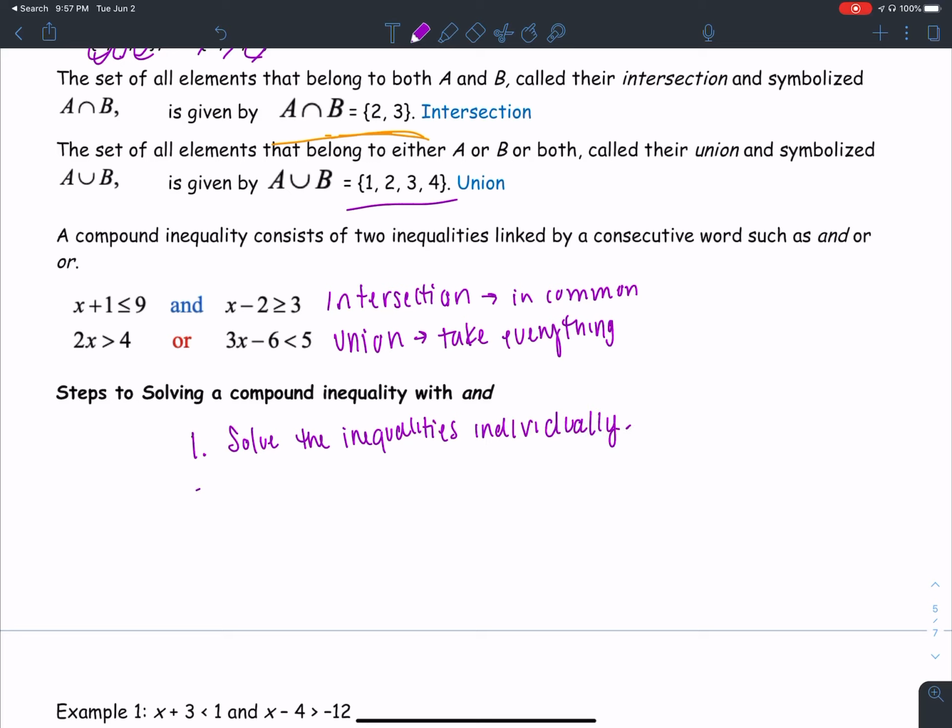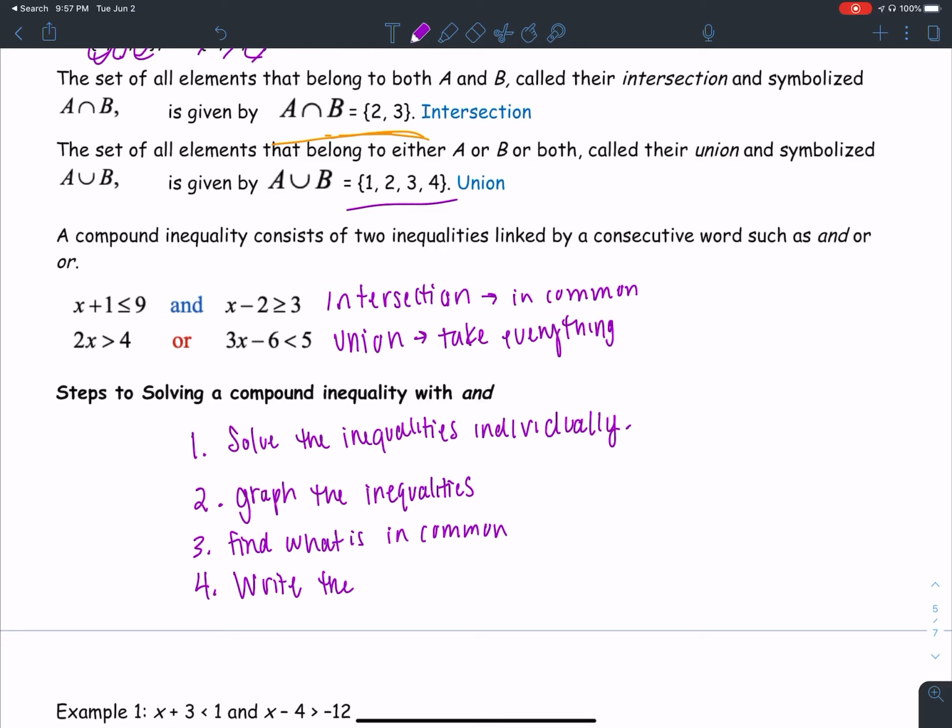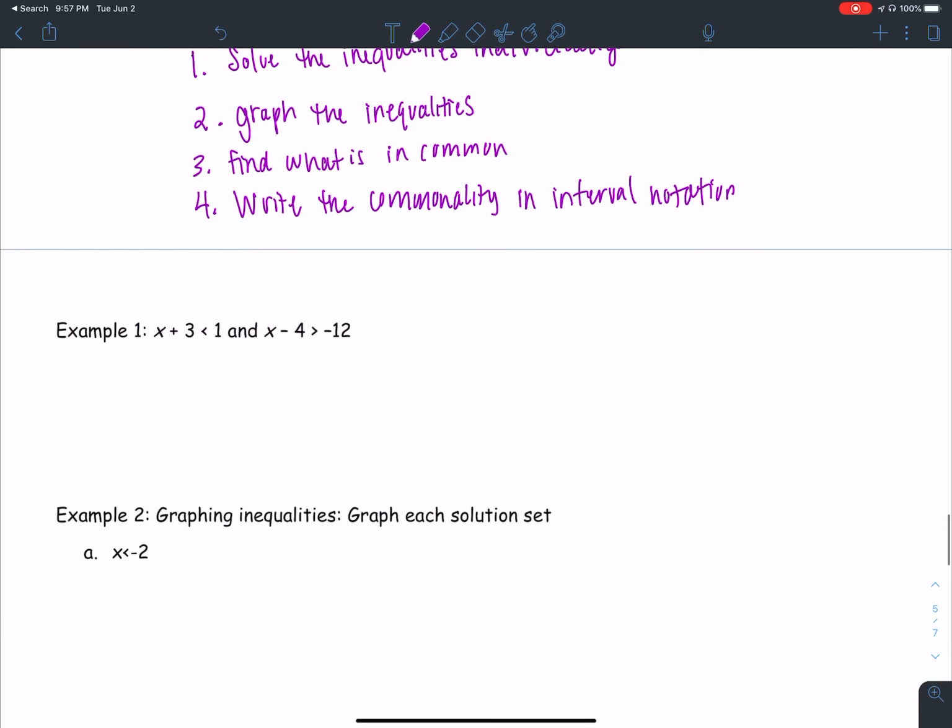Then we will graph the inequalities, find what is in common, and then write the commonality in interval notation.